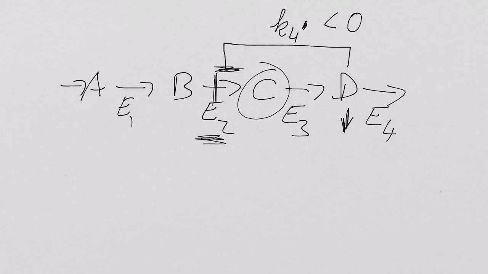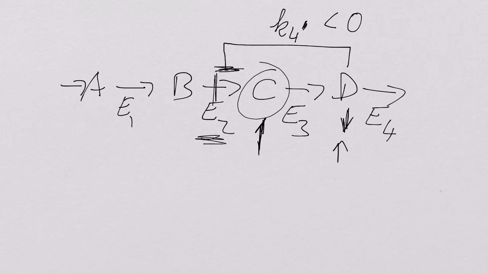What would happen in this case for the reaction from B to C? What happens in this case if there's no inhibitor left? What would happen to C, up or down? It would go up again. What happens if C goes up? What happens to D? C goes up? Sorry? D goes up.